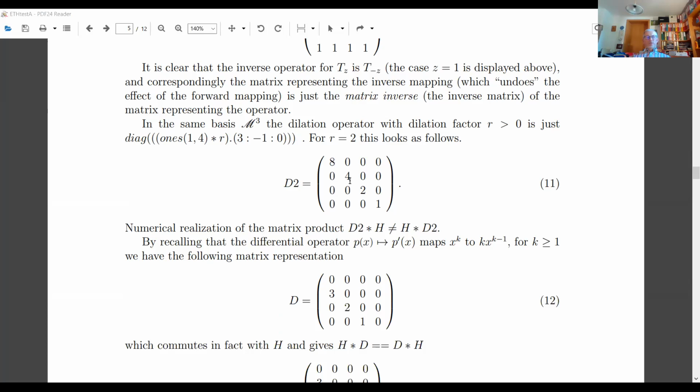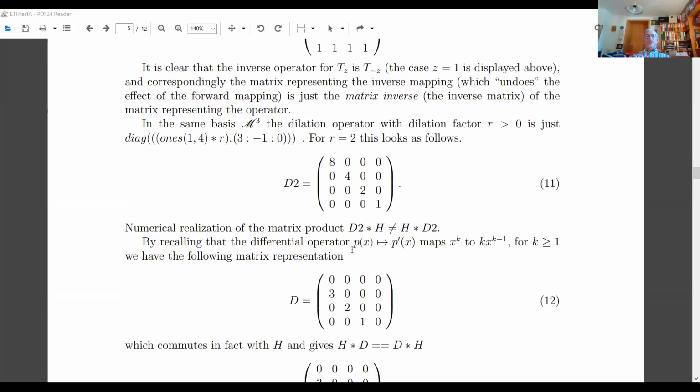Accordingly, x squared is going to (2x) squared, which is of course 4 times x squared, and so on. And it's easy to check, either directly by looking at what the operations are doing, that this matrix does not commute with this simple right shift, also of course not with the left shift, and therefore this is not an operator as we would like to see it.